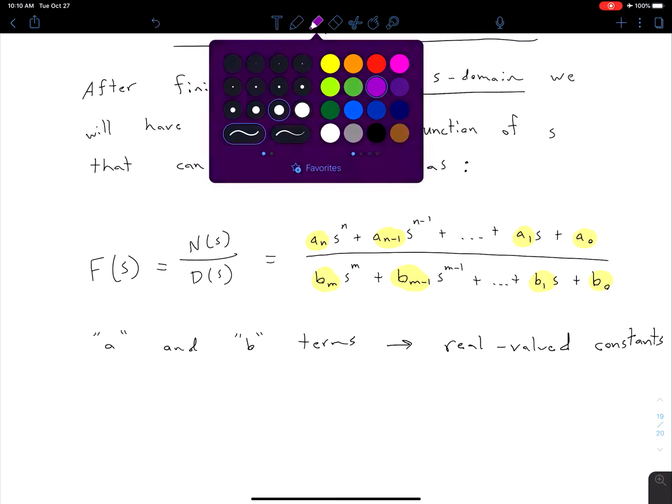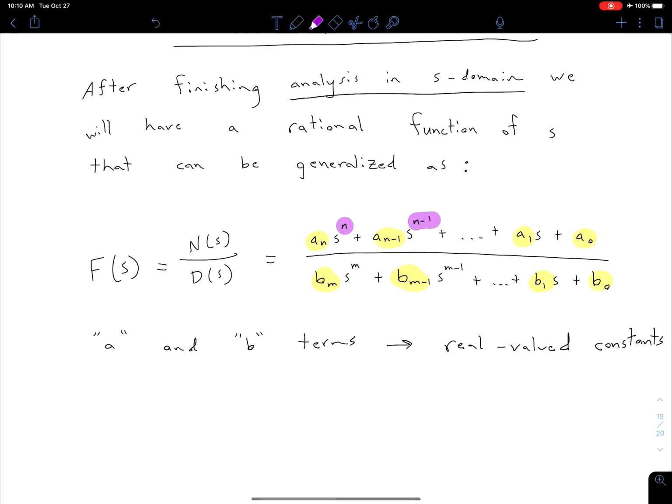So we notice here we have s to the n minus 1, and here is s to the 1, and then of course we'd have s to the 0, which doesn't show up as anything because that's just 1. And in the denominator we have m minus 1, and here is an implied 1, and so forth. And so these n and m values, which are our exponents, are going to be positive integers.